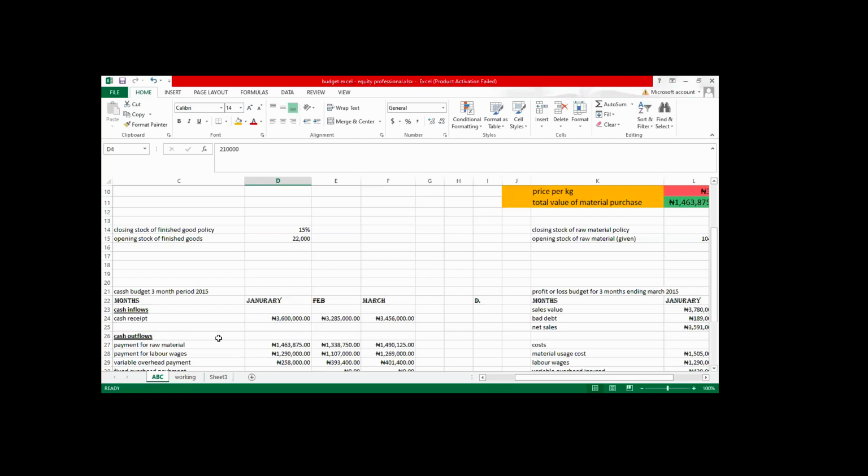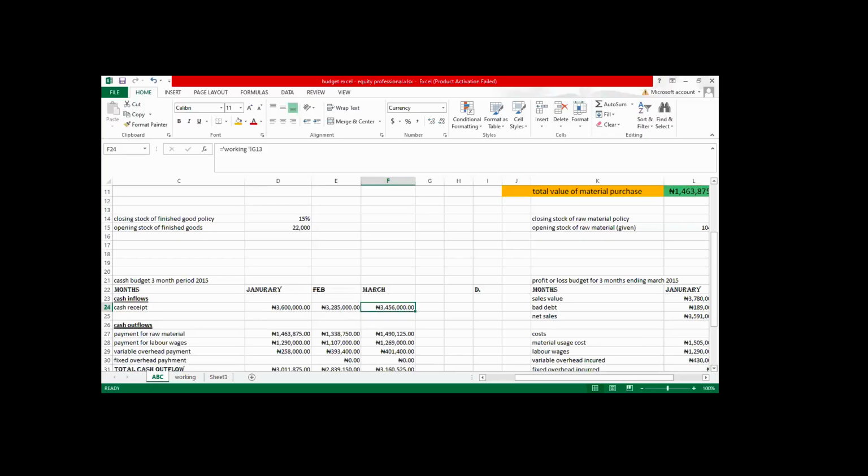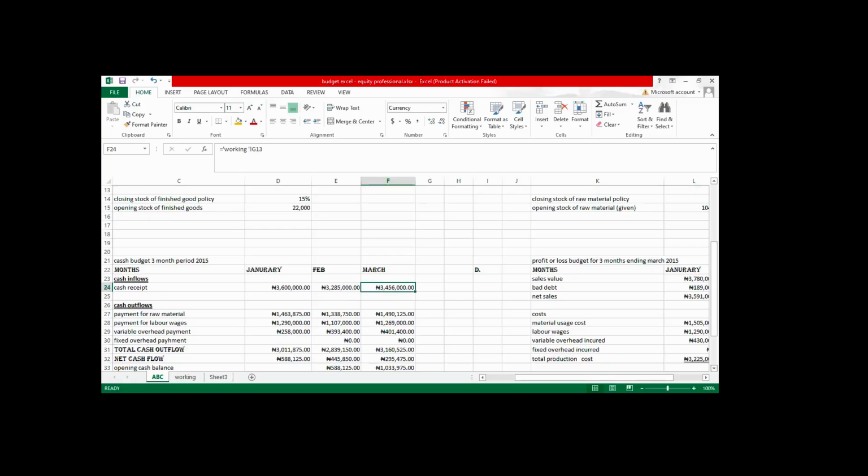Cash receipts in January, 3.6. February, March. You are done with your cash collection. That is the cash inflows. We can now go to the cash outflows. Let us go back to the question.